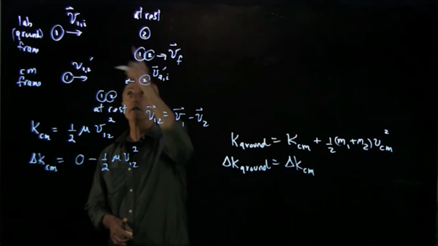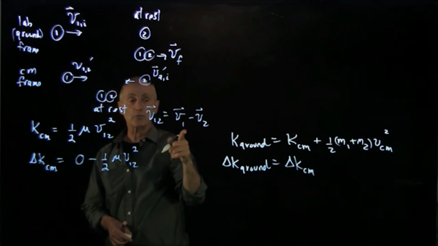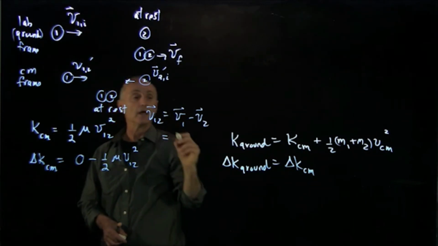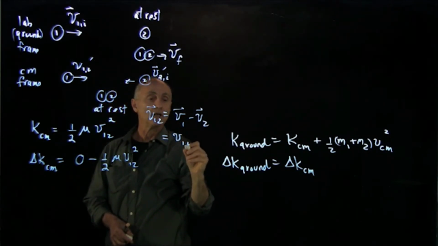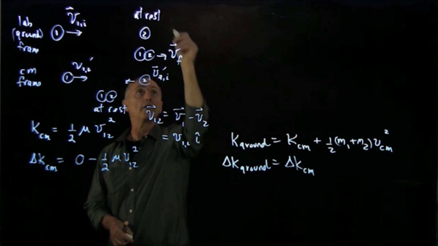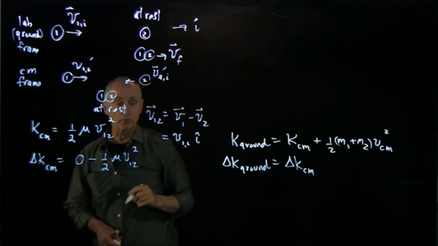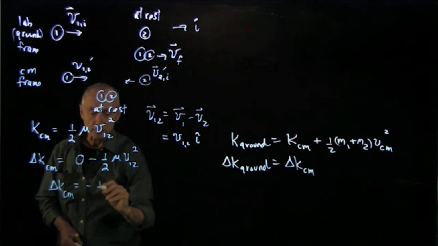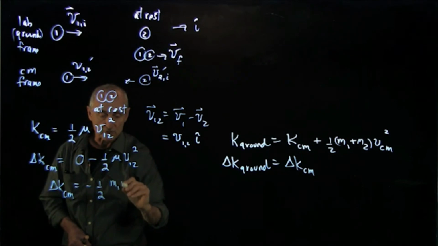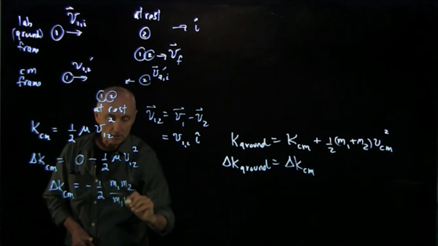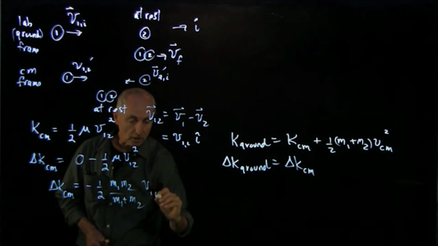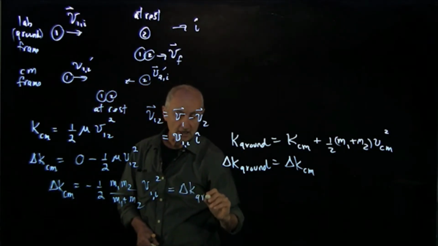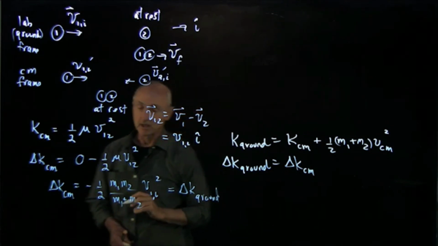And what is this quantity, initial? Well, this was a reference frame independent concept, so we can just look at the lab frame and write this as v1 initial i hat, where that's i hat because this object is at rest. And so right away, we have that the change in kinetic energy is minus 1/2 mu times v1 initial squared, where remember, mu was m1 m2 over m1 plus m2. And that's the same change in kinetic energy as the ground frame.